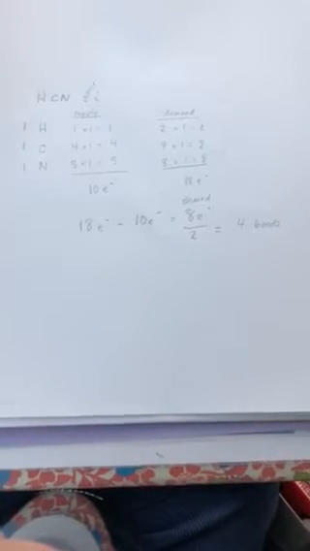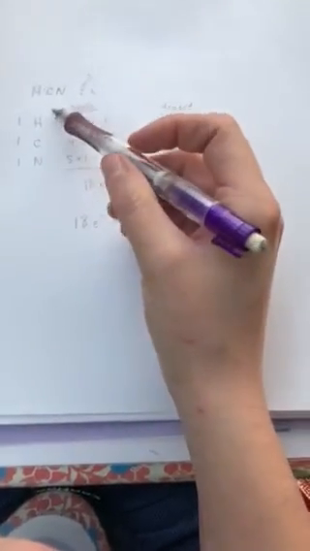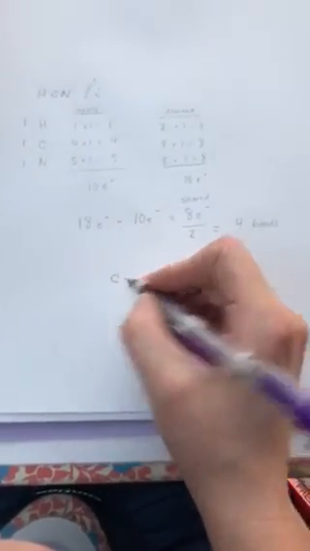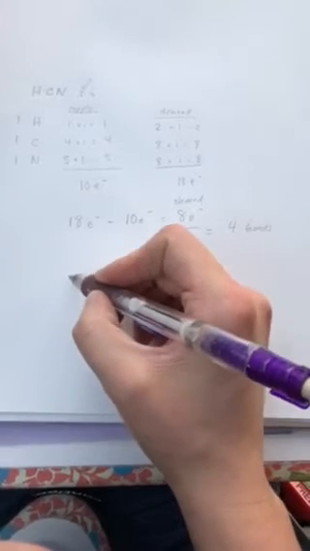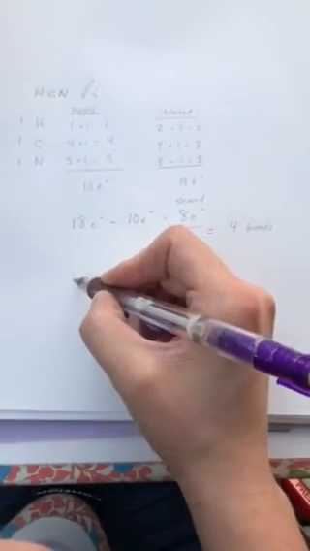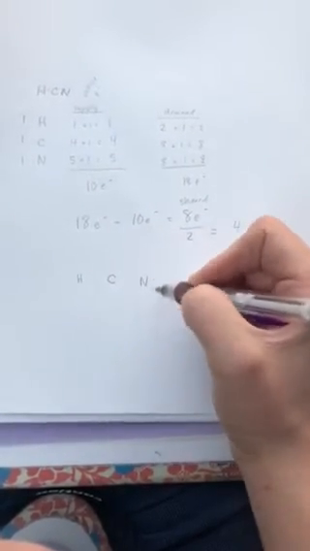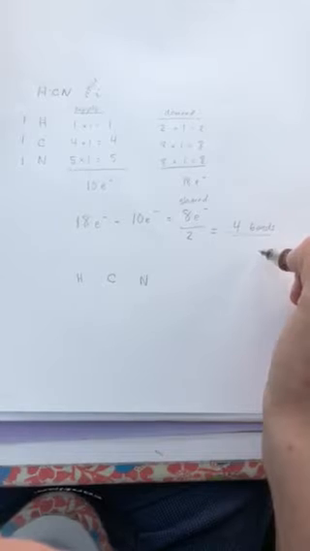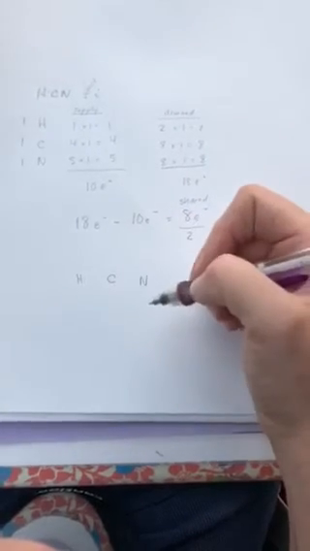Now, here's how we actually take that information and apply it to drawing a Lewis structure. So, going back to our rules, since our compound has carbon, we're going to use carbon as the central atom. Okay? Then I'm just going to place hydrogen on one side and nitrogen on the other. Okay. Now, I have 4 bonds to use, and we know that our 4 bonds always have to start from the central atom.